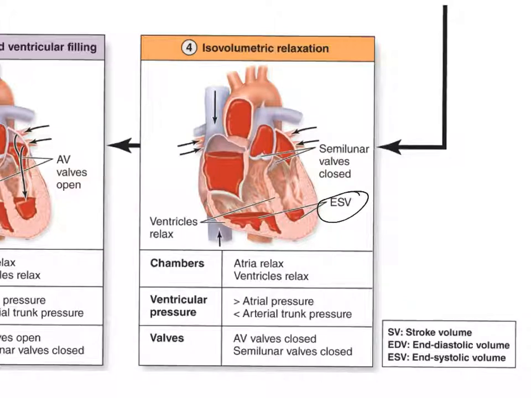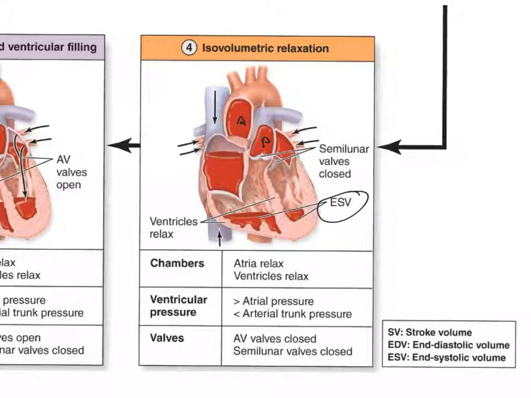Lower. Okay, what happens to pressure inside the ventricles if the volume's lower? The pressure's less, all right? So now the pressure is higher out in the aorta and the pulmonary trunk, and that snaps the semilunar valves closed. As they start to backflow, they parachute open, and that's your second heart sound.